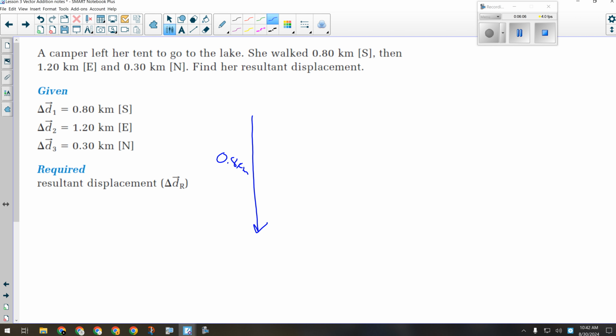And that's going to be my 0.8 kilometers. Then she went 1.2 kilometers east. So I drew it tail to head, right? First she did the 800 meters, then she went 1.2 kilometers east. And then she goes 0.3 kilometers north.